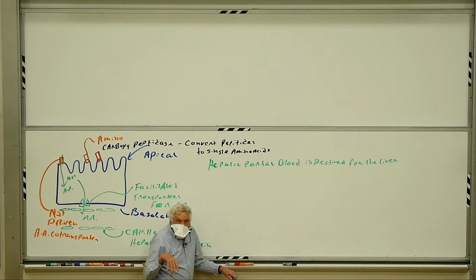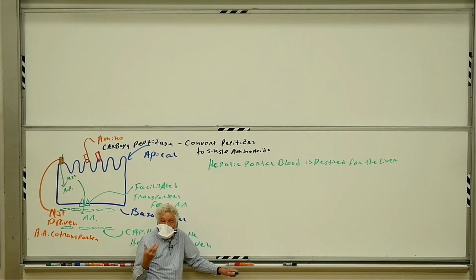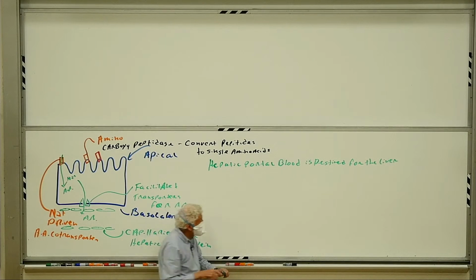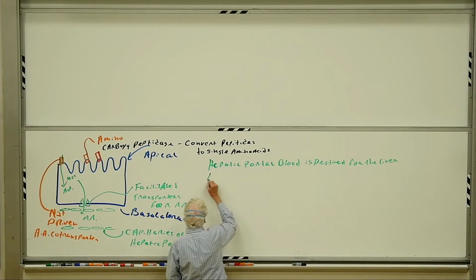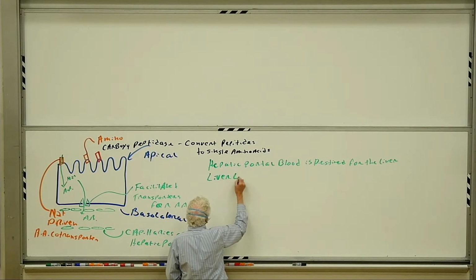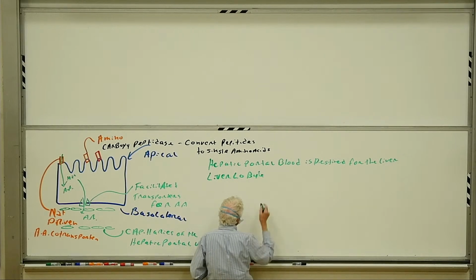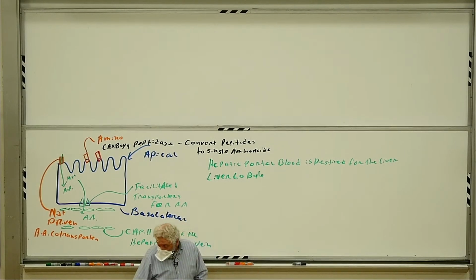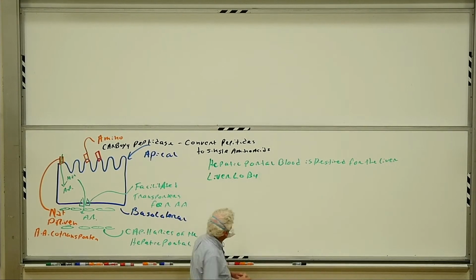But it's not just being dumped into the liver. There's a very careful structure within the liver which allows us to take up these amino acids and glucose. And this is something known as the liver lobule. So we said that this is the basic structure of the fundamental unit of the liver.